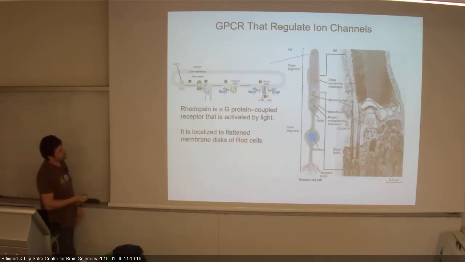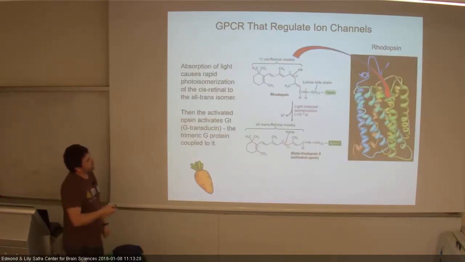So in this case, there's no ligand to add, and we can say that the ligand is already bound to the rhodopsin itself, and the ligand is a retinal molecule. When light is absorbed by this retinal molecule, or a photon is absorbed by it, it changes conformation from cis to trans.